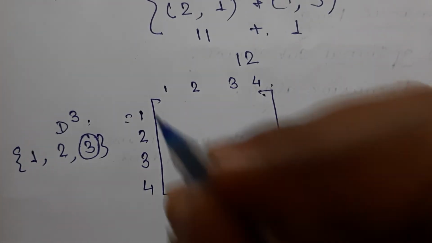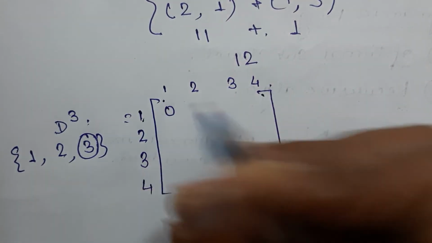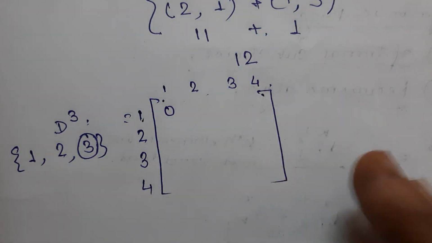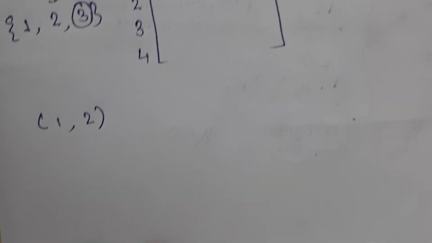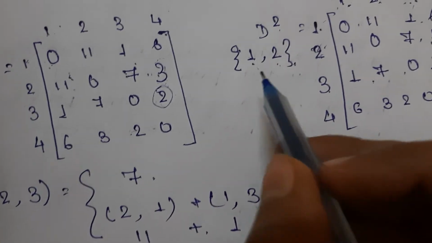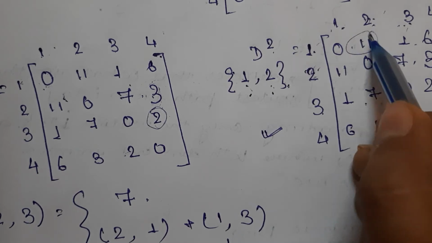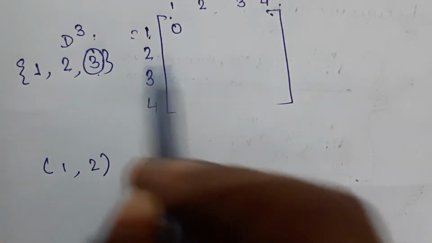As 1 to 1, there is no self loop, so 0. Now 1 to 2. What was the previous minimum when I included 1 and 2 both? It was 11. Now if I include 3, what is the minimum?